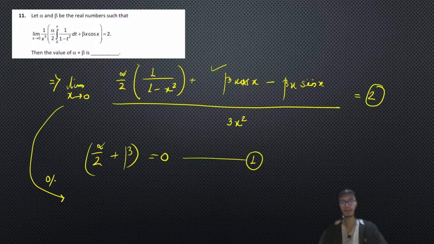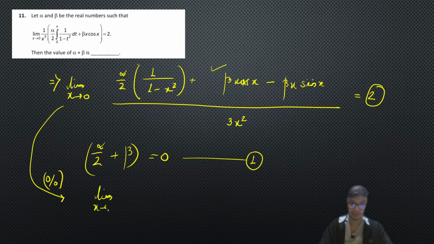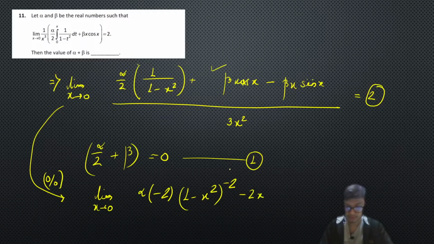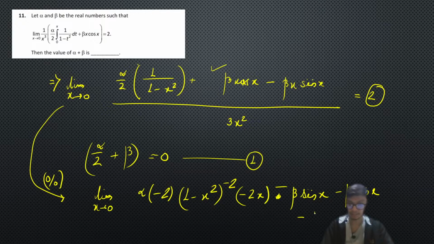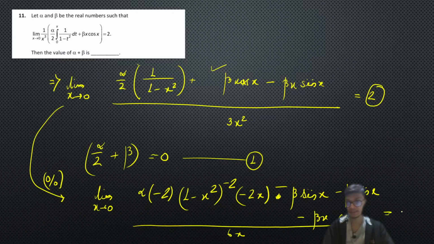Since this is again 0 by 0 form, I will apply the L'Hopital rule again. If I differentiate this, this is alpha times minus 2 times 1 minus x square whole to the power minus 2 into minus 2x, minus beta sine x, and then minus beta sine x, and then minus beta x into cos x, whole divided by 6x, and that is equal to 2.